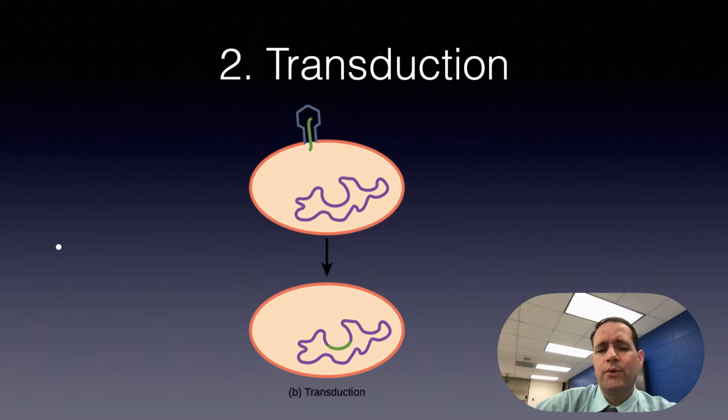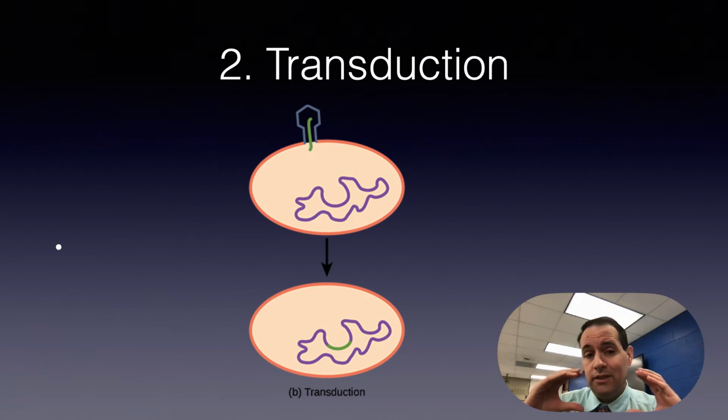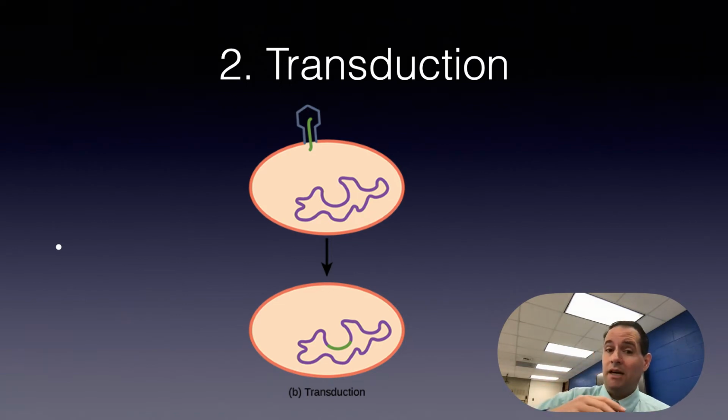Transduction results in a recombinant organism. The organism that results there has that little green part in it. So it has DNA that was originally in it, the purple, and then it's combined with some green. So we call that a recombinant organism.